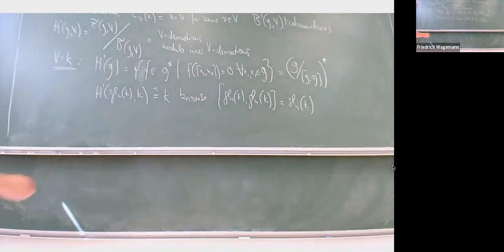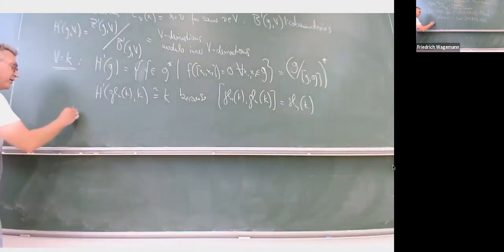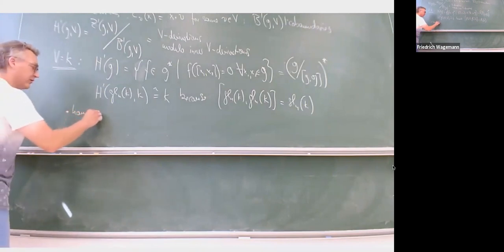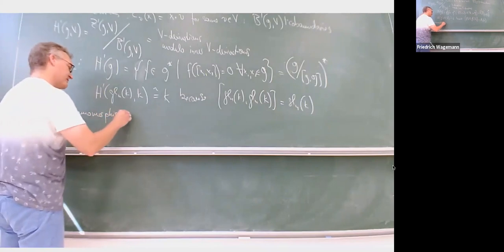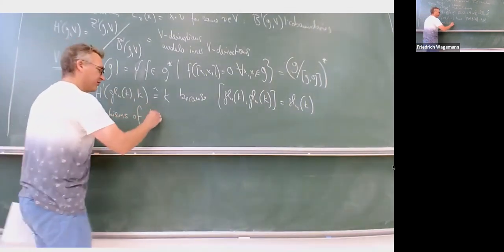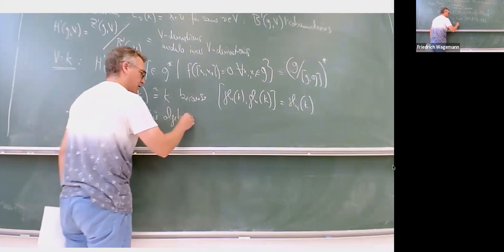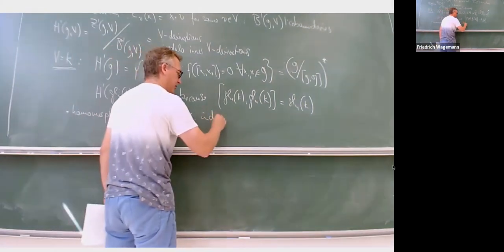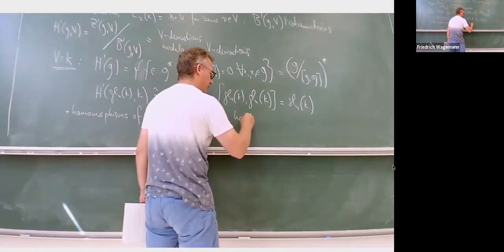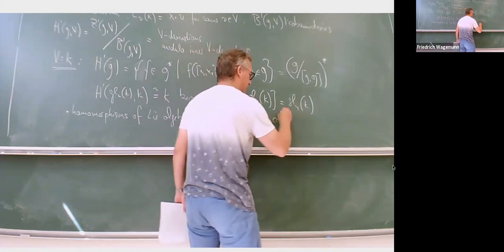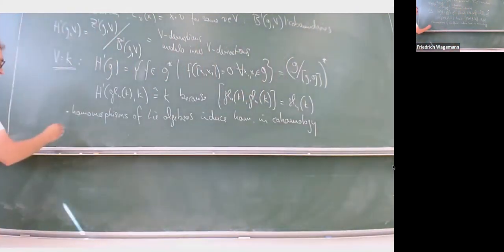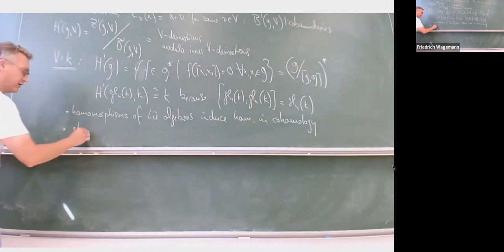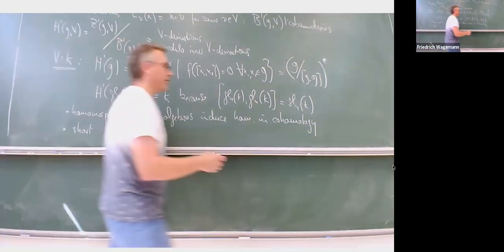So what I want to say very briefly is that homomorphisms of Lie algebras induce homomorphisms in cohomology, in the other direction.